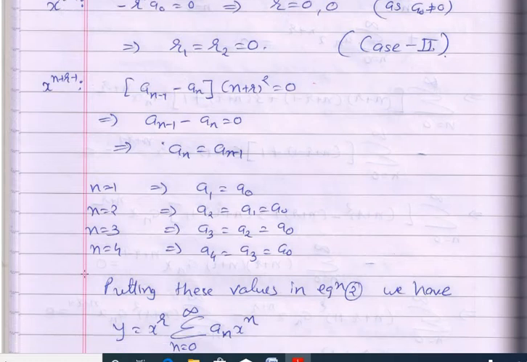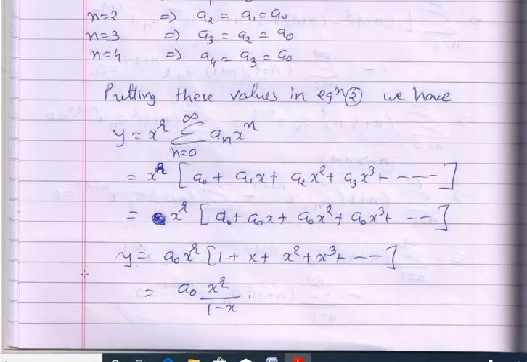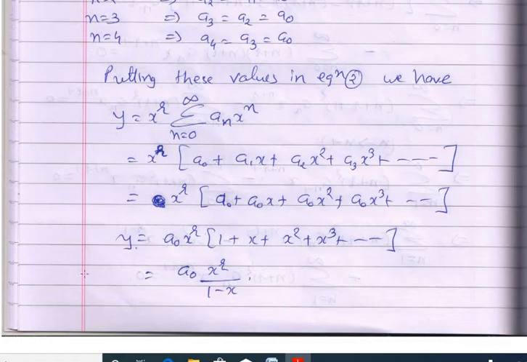And if you are going to put all these values in your series, then your series equation number 2 will be reducing in a form of x raised to r into a0 plus a0x plus a0x square plus a0x cube and so on. a0 will be common out, that will give you a0x raised to r into 1 plus x plus x square plus x cube plus so on.